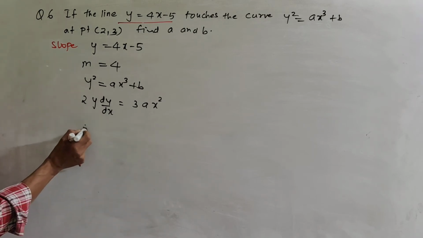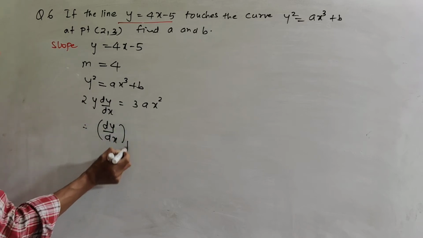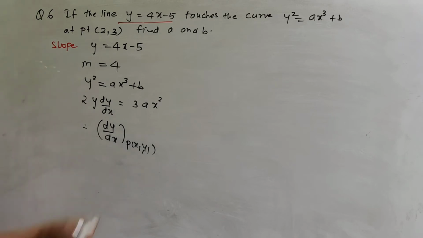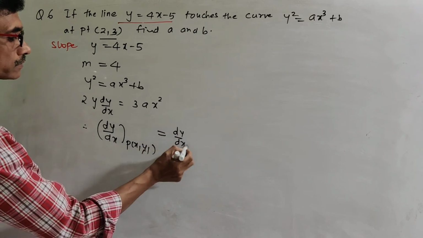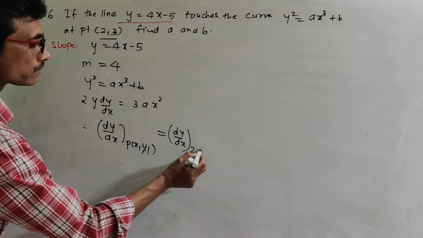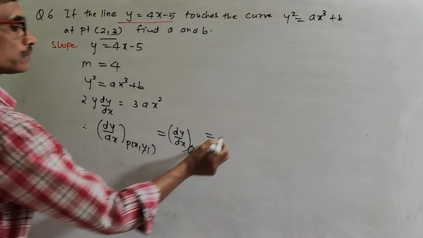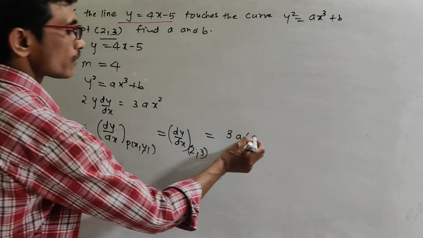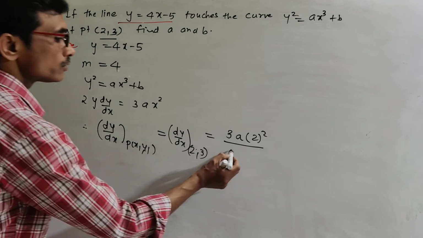Therefore dy by dx at this point x1 y1, which is 2, 3, that is dy by dx at 2, 3 is equal to 3a into x square, x square means 2 square, upon 2 into y.